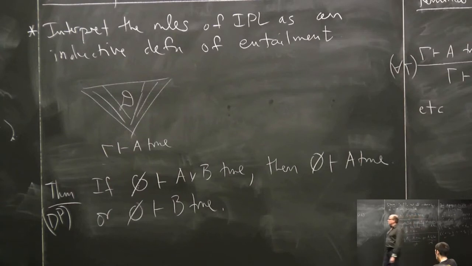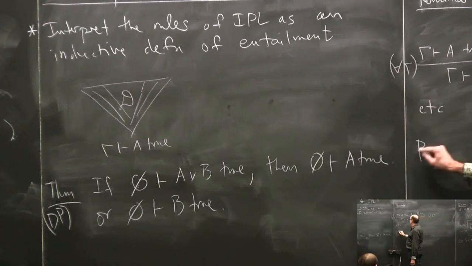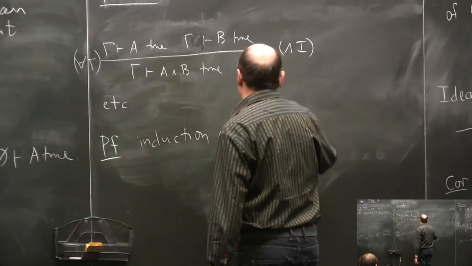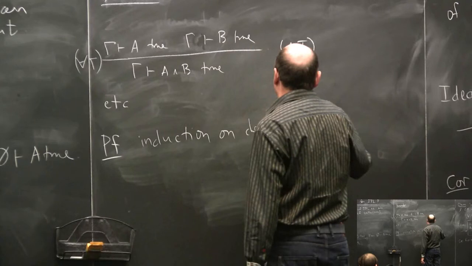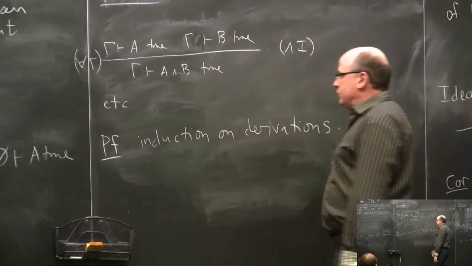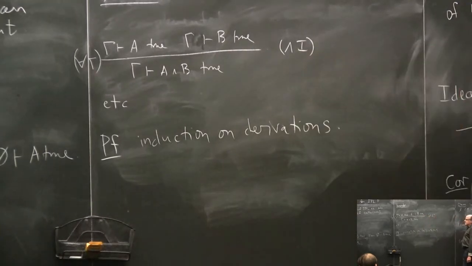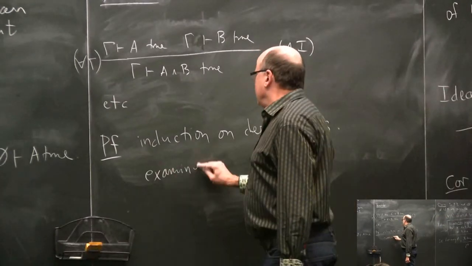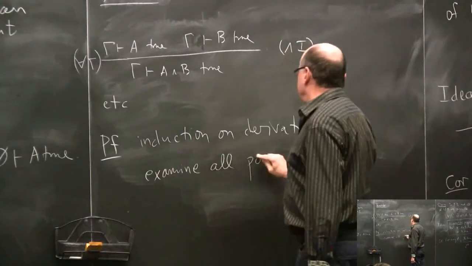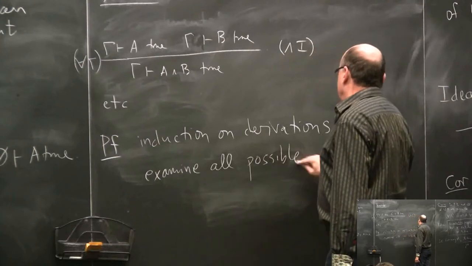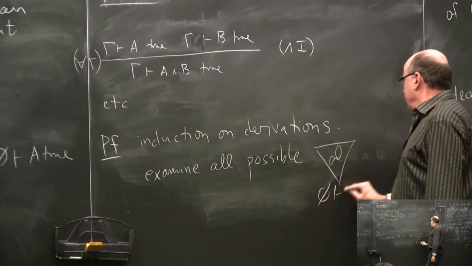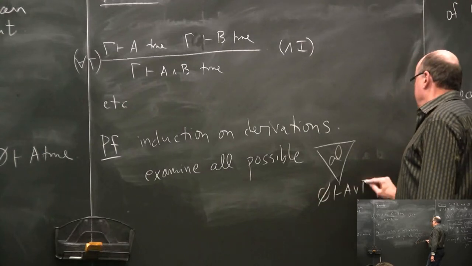And how do we prove this? The proof would be something like an induction on derivations. I want you to see basically how this breaks down. You examine all possible derivations D that end with A or B is true.